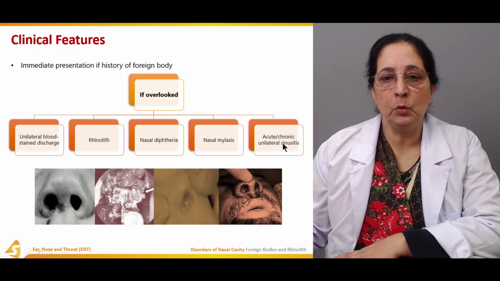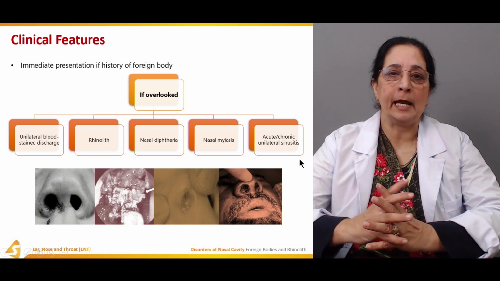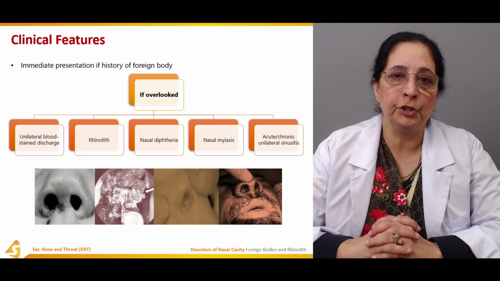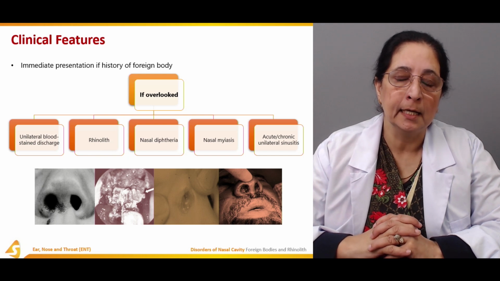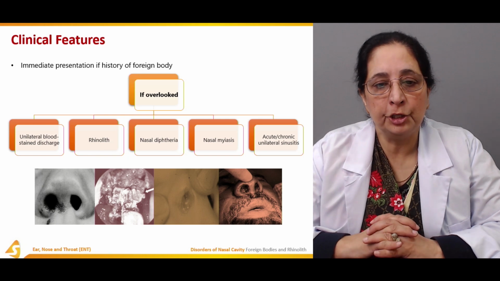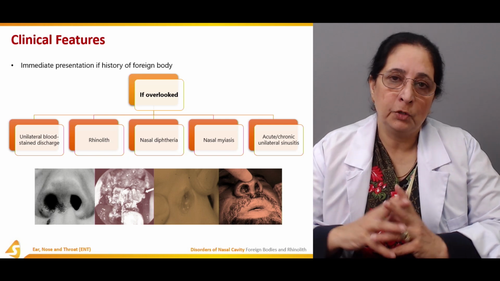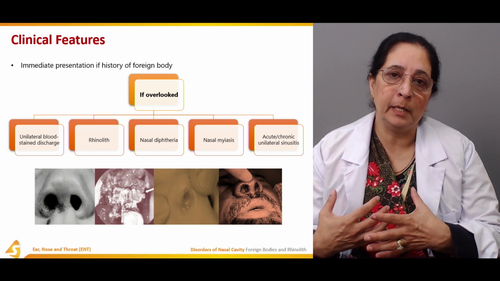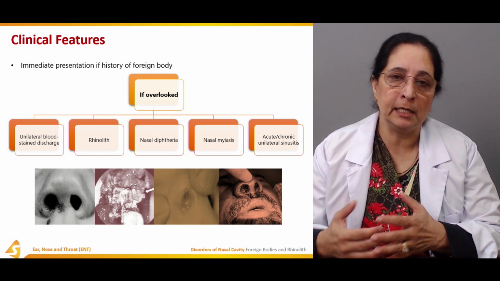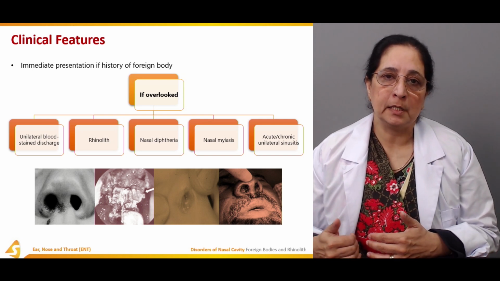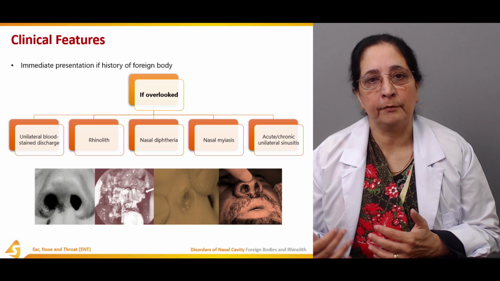And then acute and chronic unilateral sinusitis. Sinusitis is the inflammation of one of the sinuses. This can also occur if the condition is overlooked. So if we have immediate notice of the foreign body in the nasal cavity, it is removed and usually the child feels better afterwards.